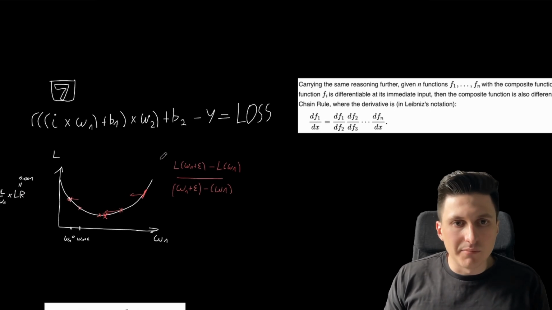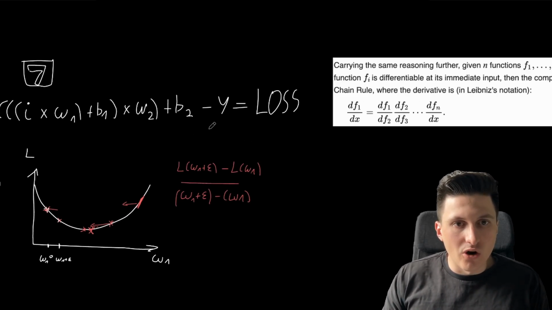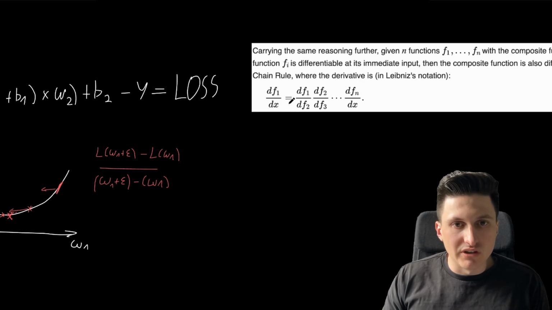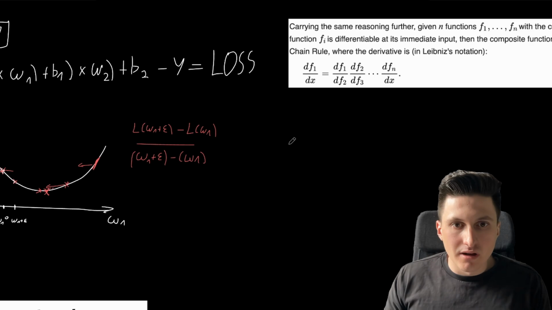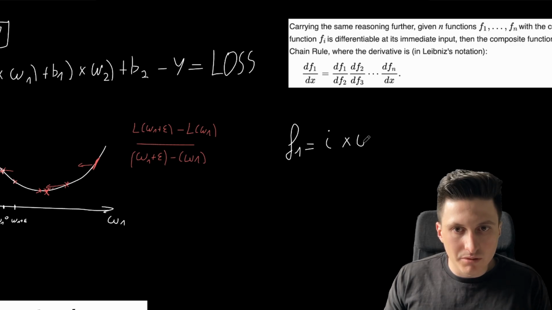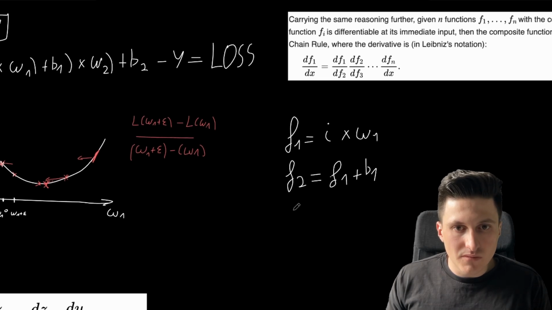So let's make this all a bit more concrete and rewrite our running example into this functional format so we can apply the chain rule more visually. Let's say we define the first function as f1, and this is just the input times w1. Then f2 just takes this f1 and adds b1, f3 takes this f2 and multiplies with w2.